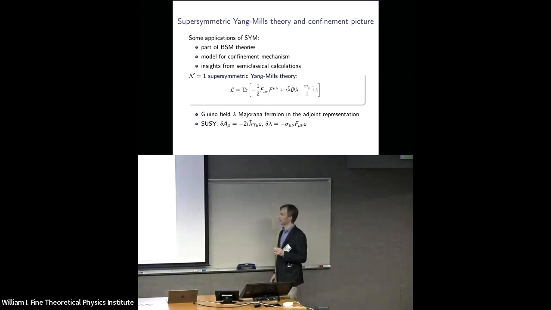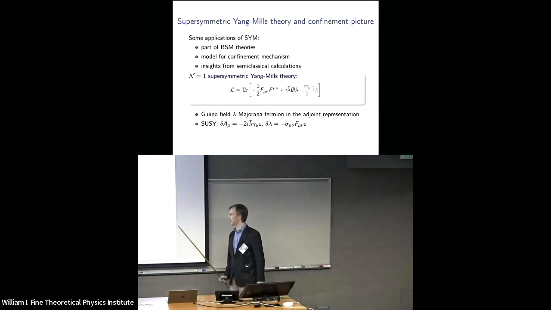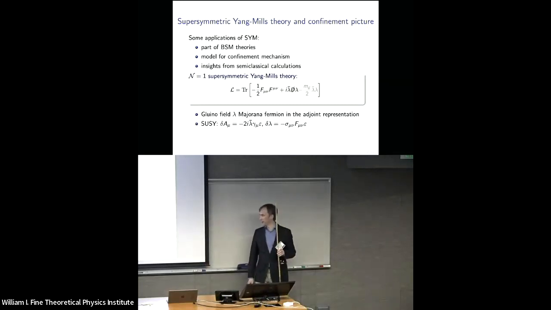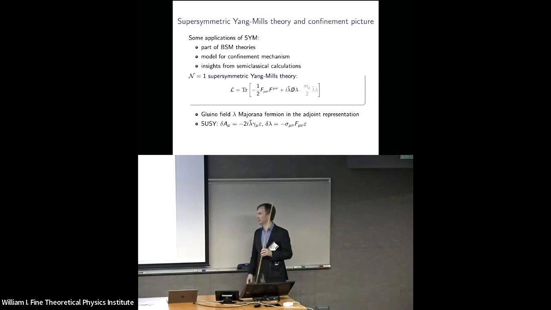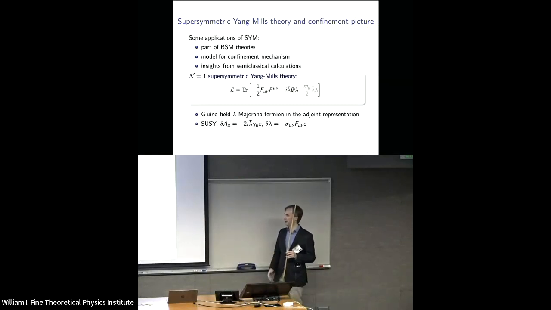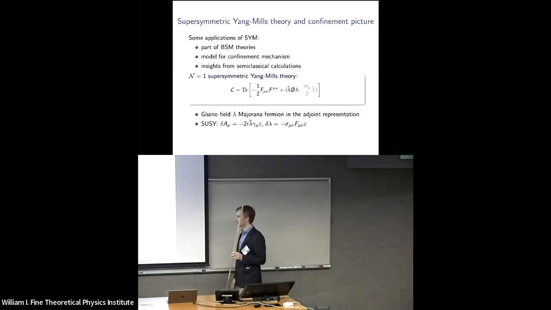The Lagrangian looks similar to QCD. The main difference is that we have now just one flavor of Majorana fermions in the adjoint representation, which makes it in some respects similar to pure Yang-Mills, but in others more similar to QCD.